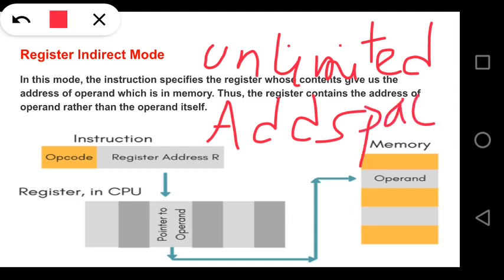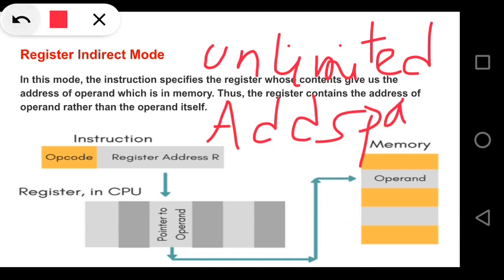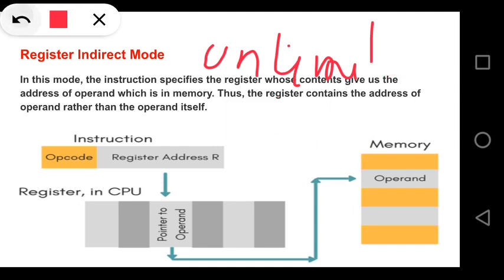The address space now is not limited to just registers, but to the whole memory. If it is a 4 GB RAM or 8 GB RAM, the address space is not limited; it can go up to 4 GB or 8 GB. So this is the advantage of register indirect mode. Address space is not limited.